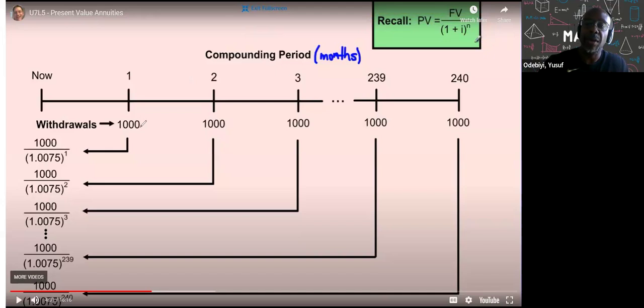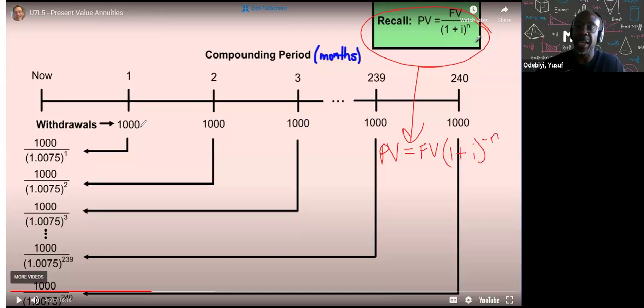Okay, so we're looking at that formula, but we can rewrite it. I'm going to write it here so you can see it. We're looking at what the present value is. The present value is going to equal the future value times (1 plus i) to the power of -1. It's the same thing, remember? Here and here, the same thing.